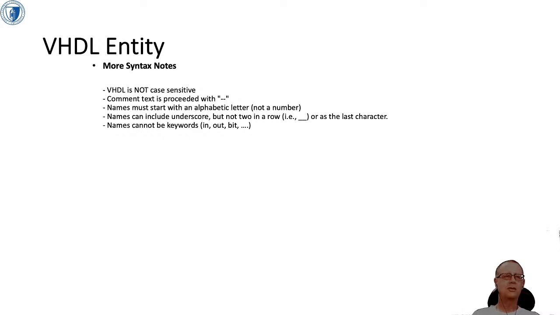You can use an underscore in the name, but it can't be two of them, and it can't be the last character in a name. And the names you use cannot be keywords, so you can't have a variable called in or an input called in, an output called out, a variable called bit.